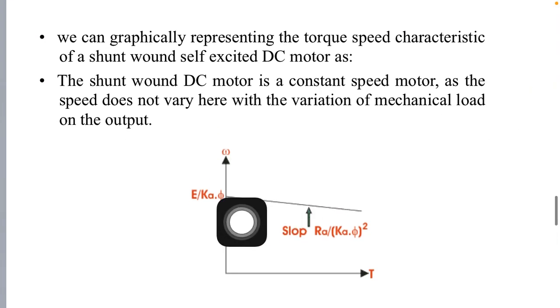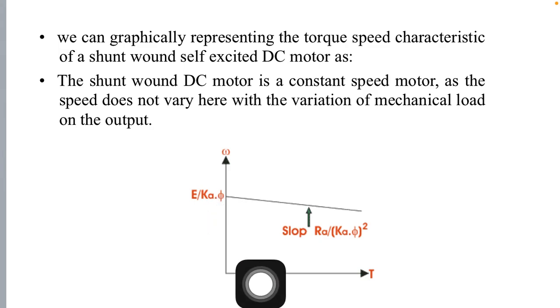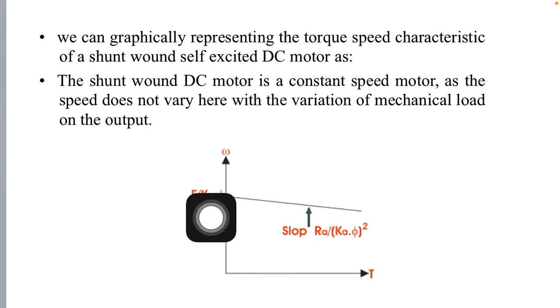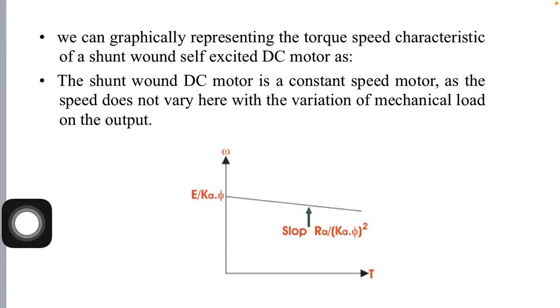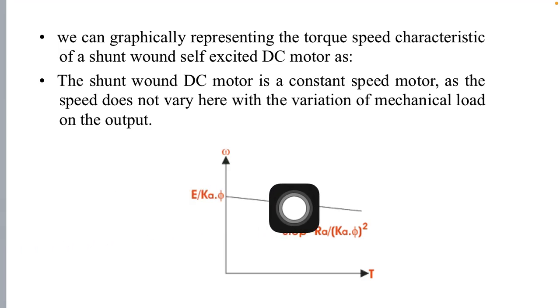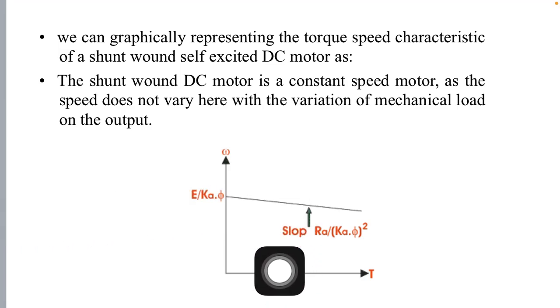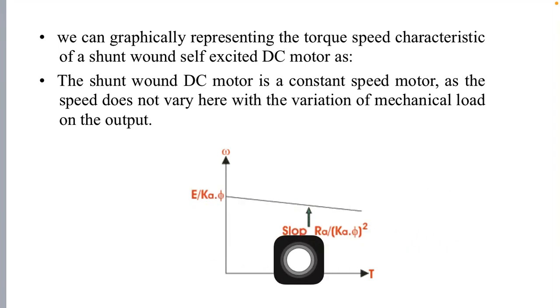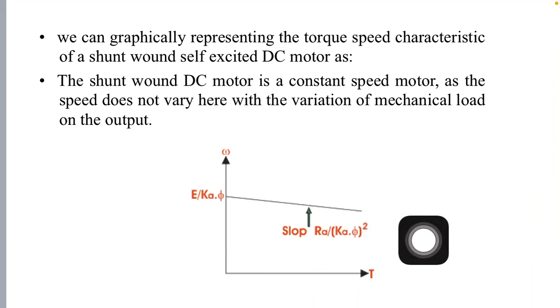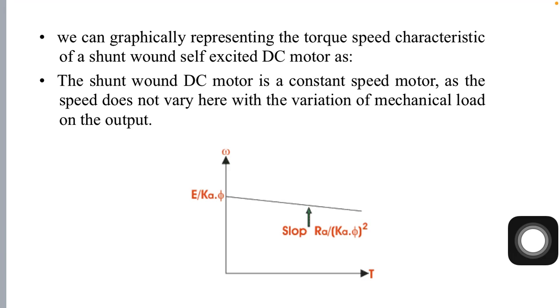You can see here my speed is at this point, and at that time my torque is something like that. At another point my speed is a little bit down, not gradually decreasing, just a little down. If I connect all the points, this little drop is due to the RA, that is, due to the armature current and resistance.